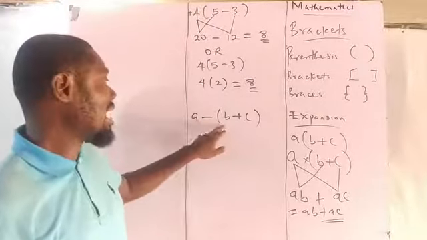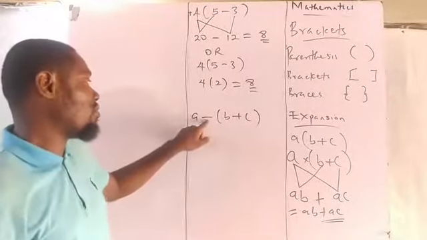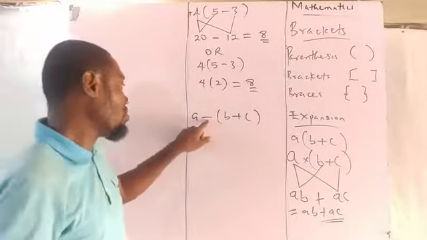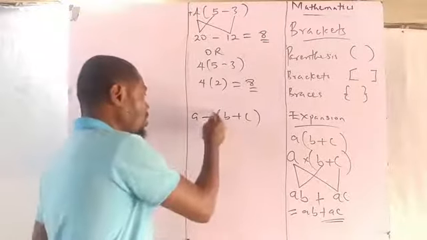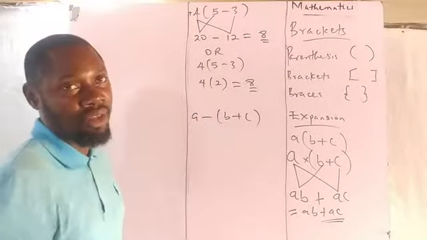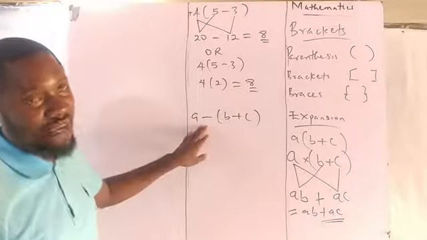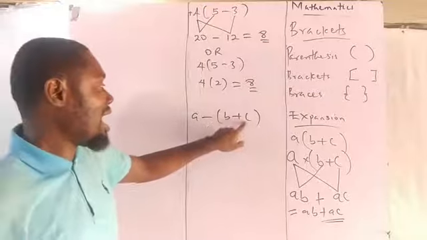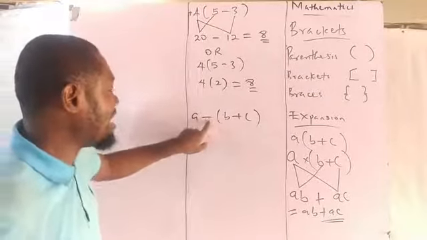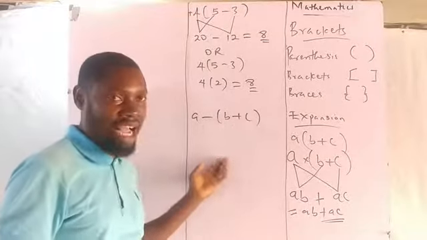What is actually attached to the bracket is this minus sign, but this minus has a number unseen, which is 1, of course. Because it's just the number 1, it is not written out for you to see. And this B inside has a plus sign, and this one has a plus sign. So it is a minus sign that will affect the signs that are in the bracket.